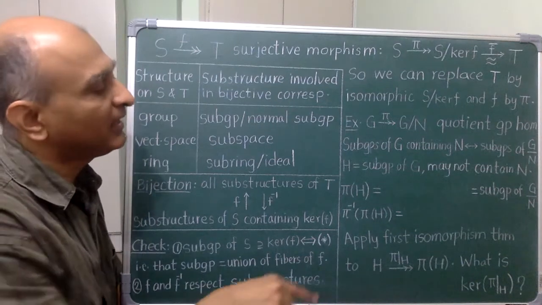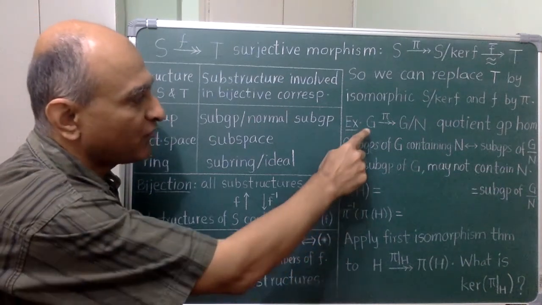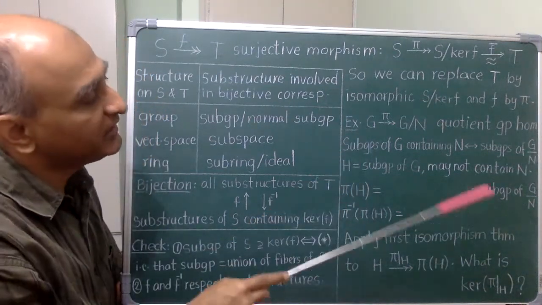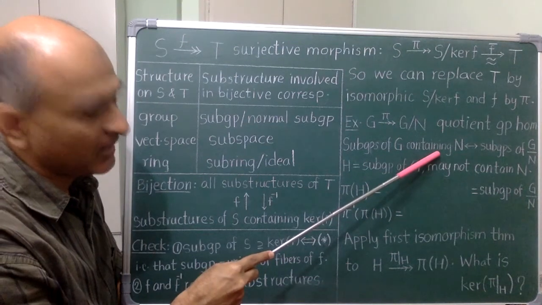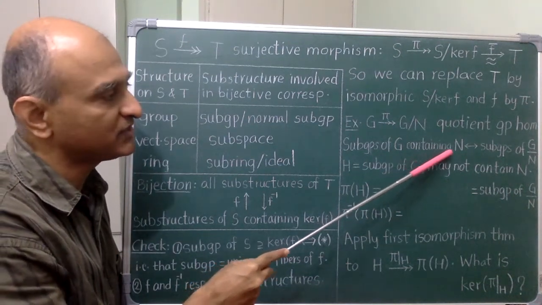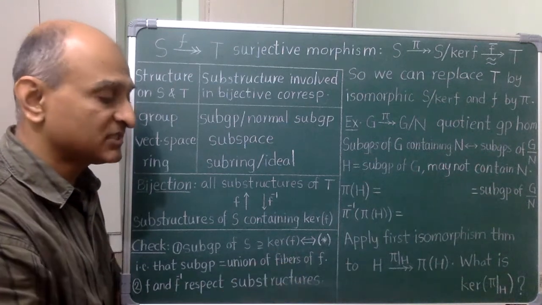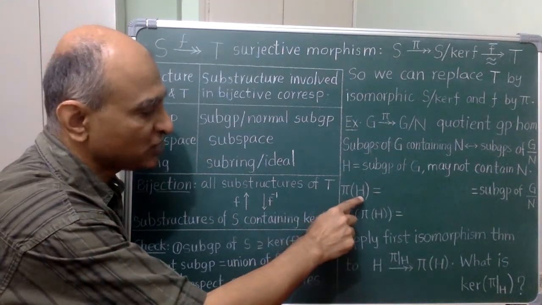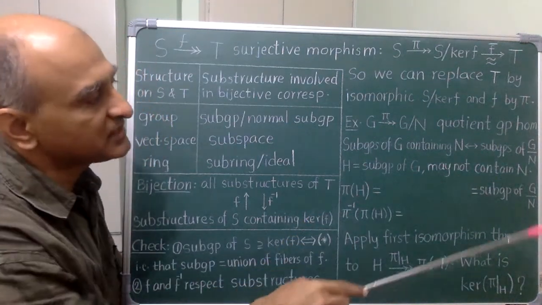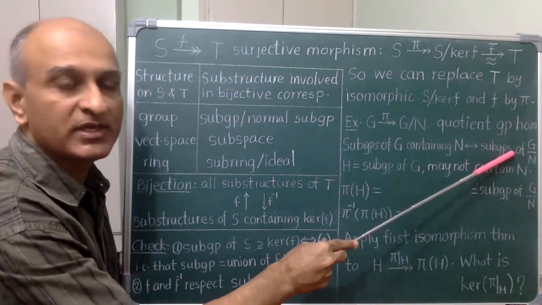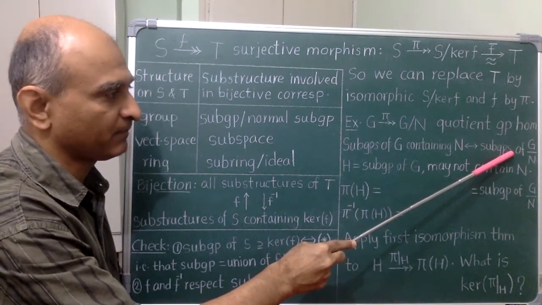Let's take an arbitrary subgroup H of G. H need not meet this description and therefore may not be a part of this correspondence. Still, the image of H under pi is a subgroup on the right hand side and so is part of this correspondence.